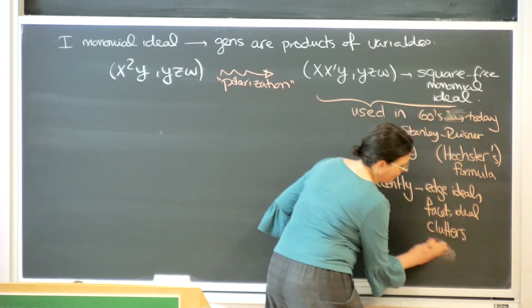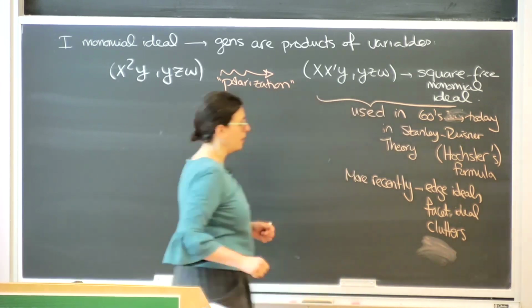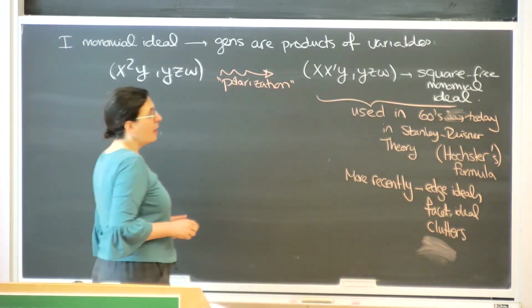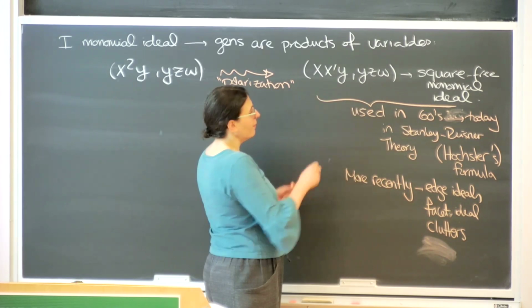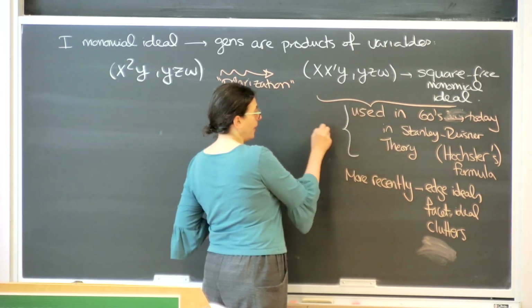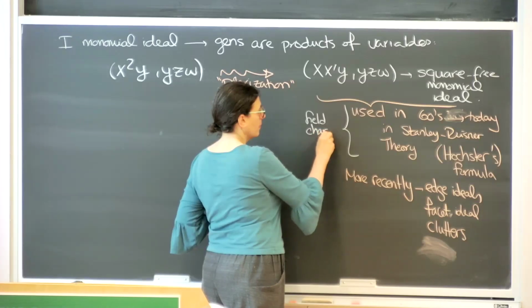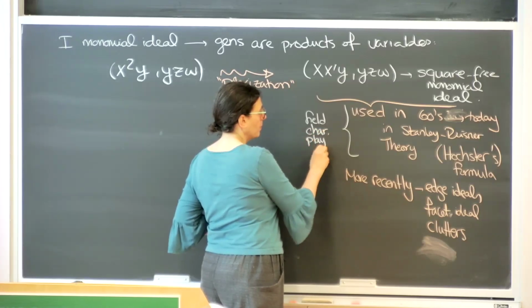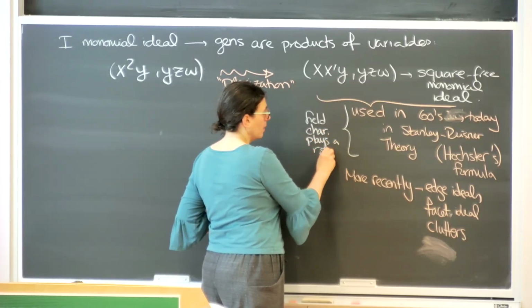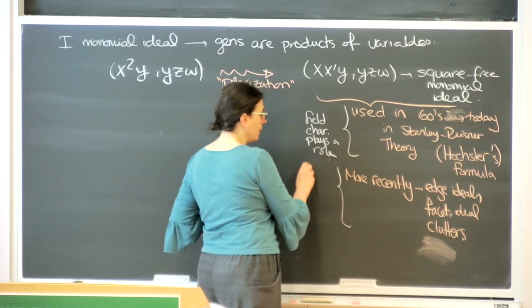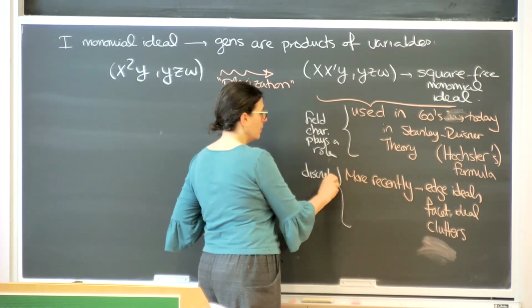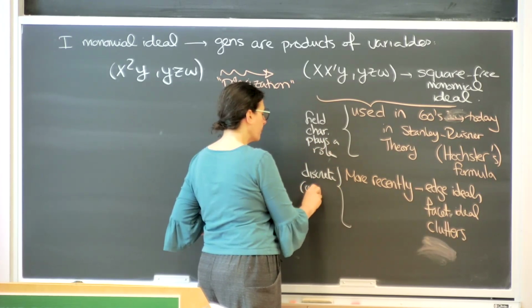Maybe I shouldn't write that here, but because that's not a topological thing. But so here, very much, the field characteristic plays a role. And in this area, it's pretty discrete. So it's all about counting.